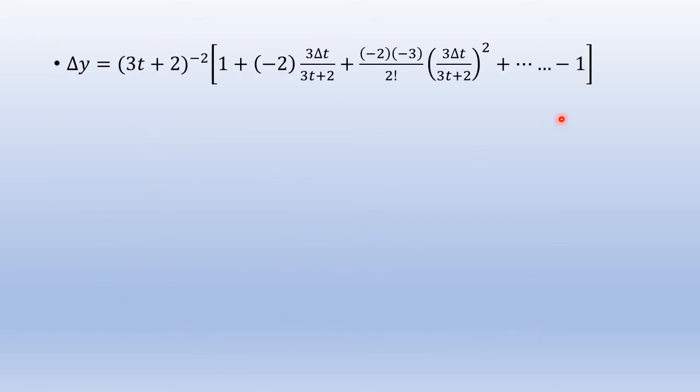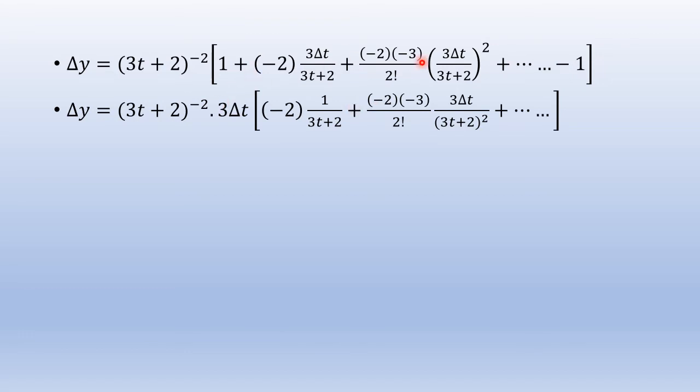You can see it is here. (3t + 2)^(-2) is not written here. It is inside now and we have taken it common and we have got a minus 1 here. Next step, this 1 and minus 1 got cancelled.